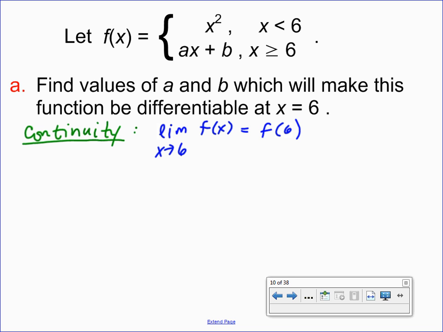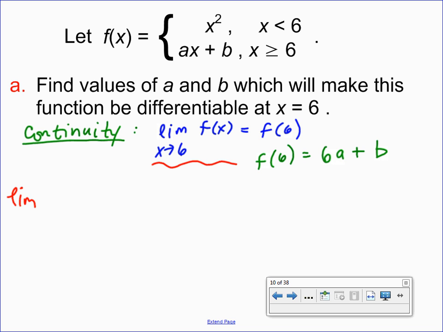So f of 6 would be, evaluate my function when x equals 6, and I get 6a plus b. You guys have 6a plus b? And I need that to equal the overall limit of f of x as x approaches 6. So what do I need for that? I need the left-hand limit to match the right-hand limit for that to exist.